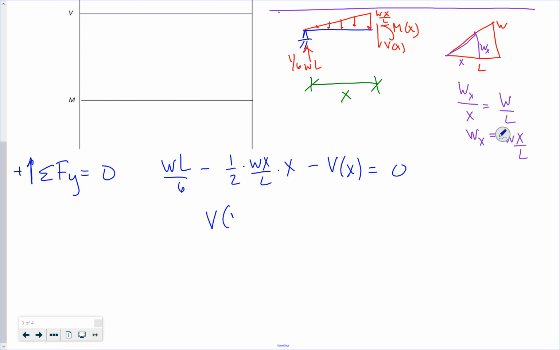Solve for shear, and you get WL over 6 minus WX squared over 2L. So it's a quadratic relationship, which makes sense because the derivative of my shear should be my loading function, and my loading function is a linear function because it's a triangle. It's not a constant like the previous distributed load.